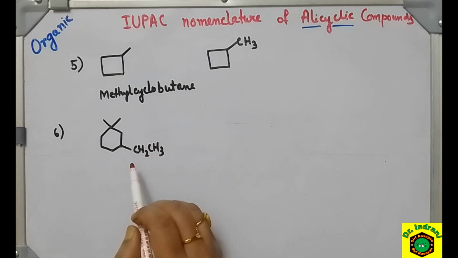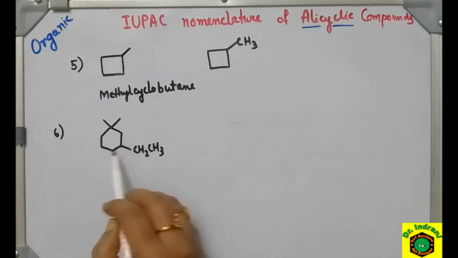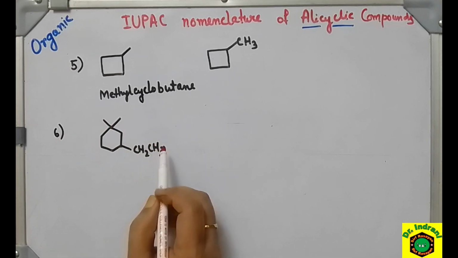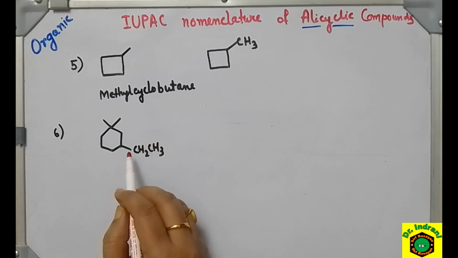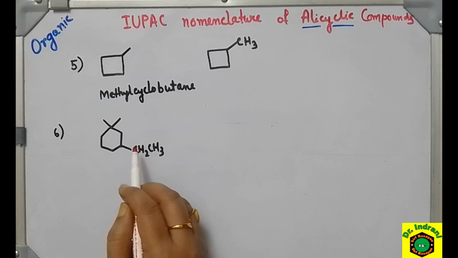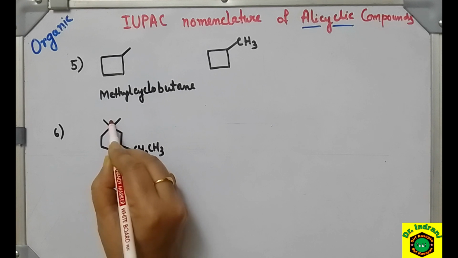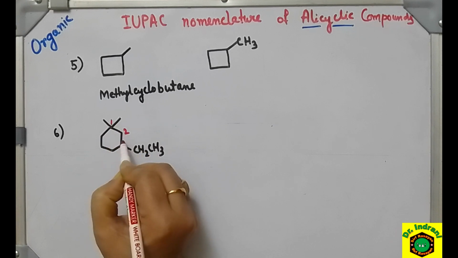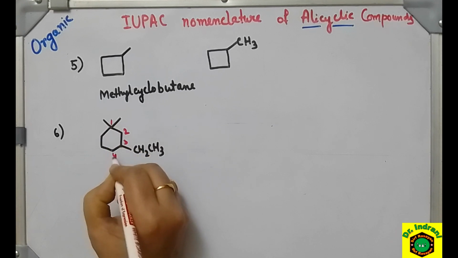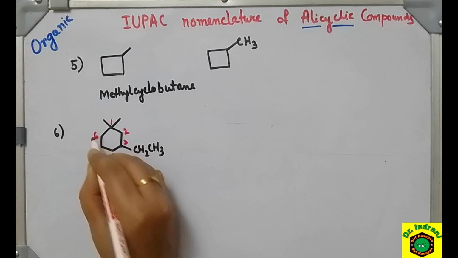Now for the next example, in a 6-membered ring, here 2 methyl groups are there, and this is one ethyl group. For 2 or more substituents present in the ring, first do the numbering of the carbon atoms in the ring. If we start from here, outside we give 1, this is 2, this is 3, this is 4, this is 5, this is 6.